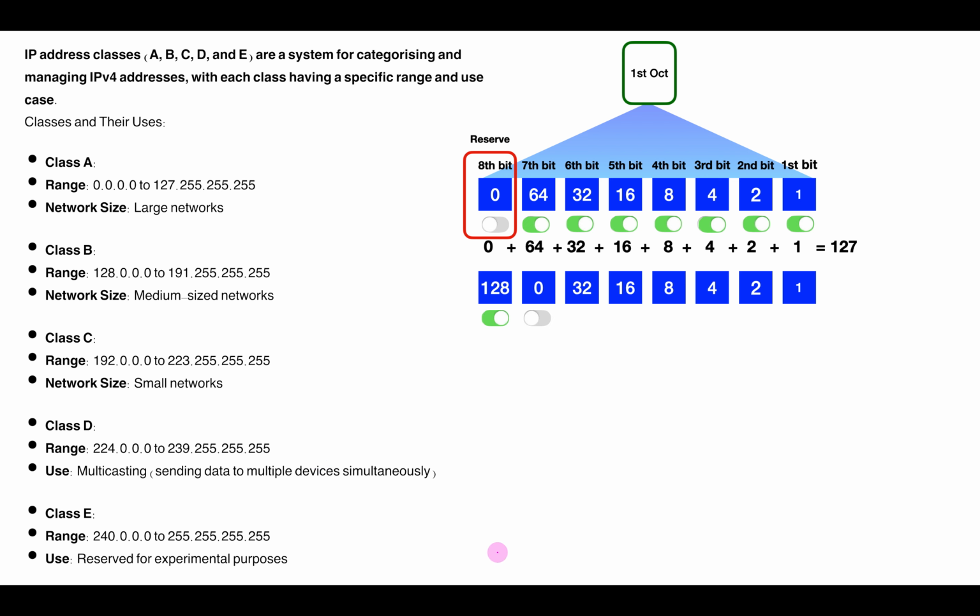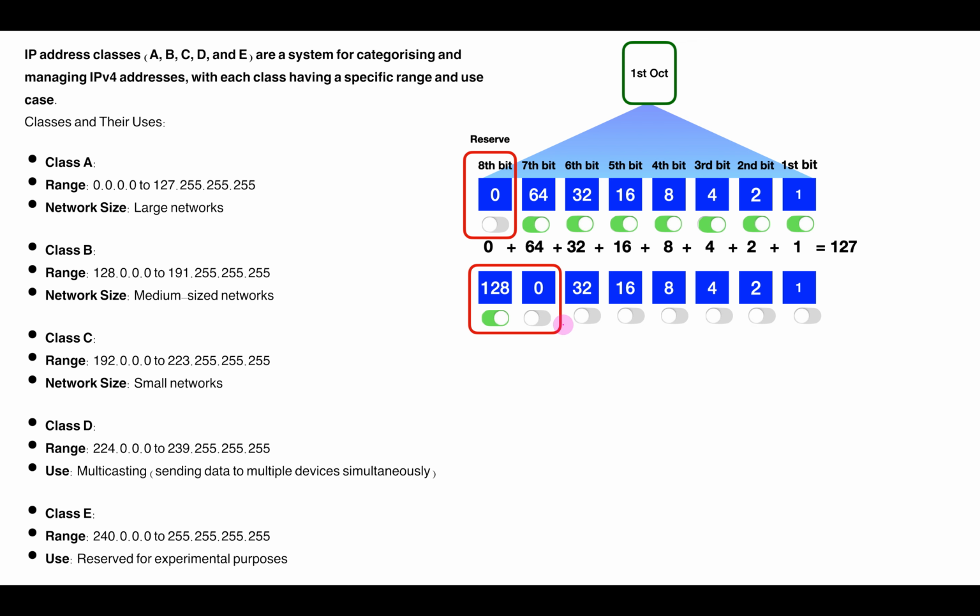For class B, they reserved 2 bits. The 8th bit they turn on, and the 7th bit they turn off, and they reserve both. So if the remaining bits are off, the minimum value will be 128, because 128 plus 0 plus 0 plus 0 plus 0 plus 0.